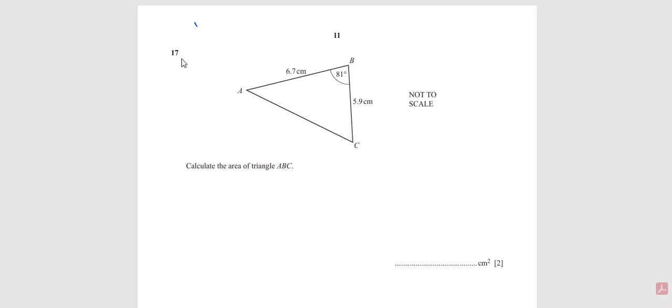Question number 17. Calculate the area of triangle ABC.